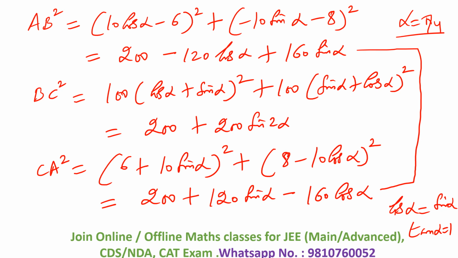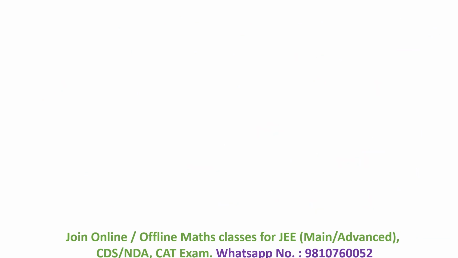Now students, if alpha is equal to pi by 4, just put the value of alpha in the lengths of all the sides. What do you get? When you put the value of alpha equal to pi by 4 in all the lengths of the sides, then you get AB square equal to 200 plus 20 root 2.